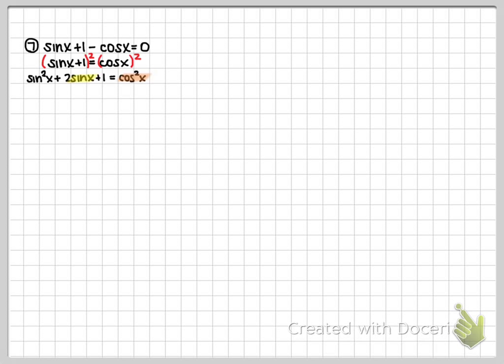Let's get rid of that cosine squared. So I went ahead and used my Pythagorean identity of sine squared theta plus cosine squared theta equals 1, just manipulated it a little bit. Now I've got sine squared and sine. So I'm going to do exactly what I did previously when I had a squared, a non-squared, and possibly a constant. I'm going to get everything on the same side together, set it equal to 0, and see if I can factor.